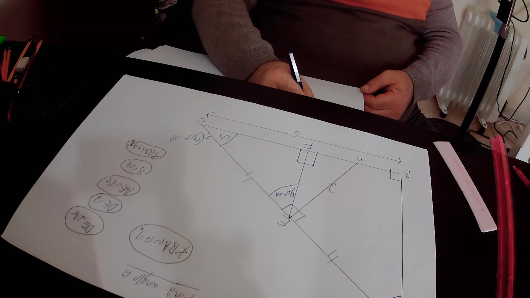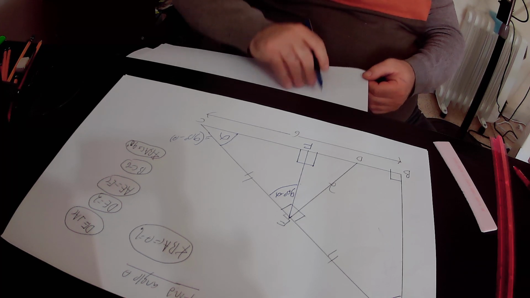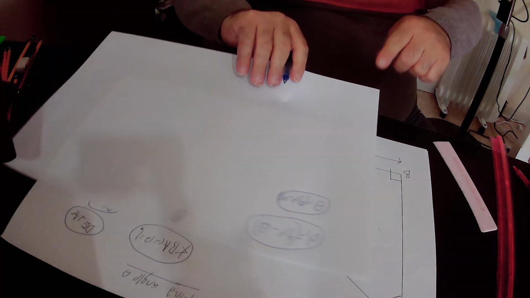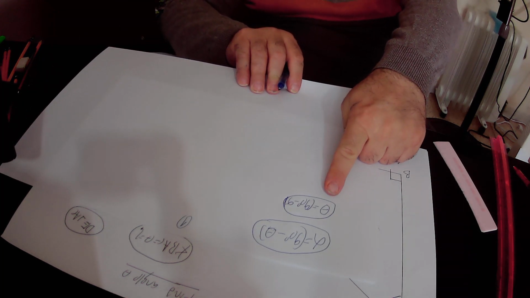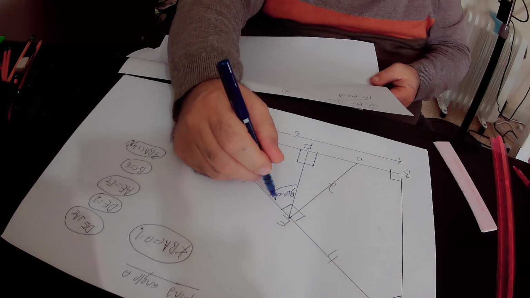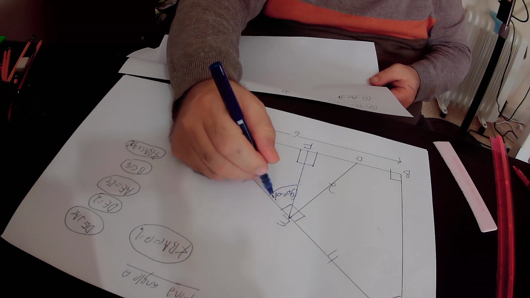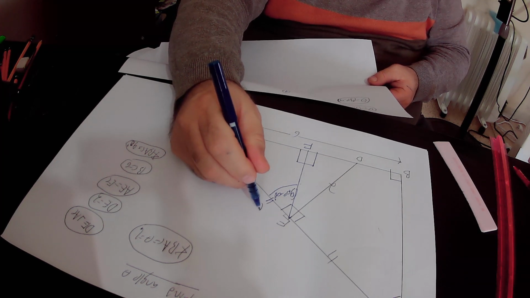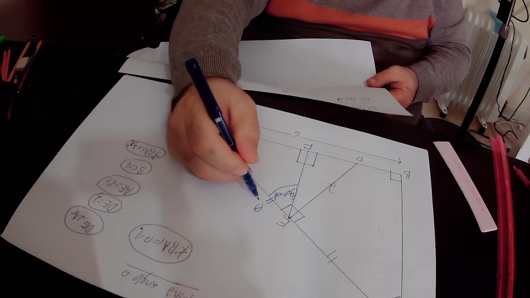But we have already found out that 90 degrees minus alpha equals theta. So this angle is actually equal to theta. Okay?